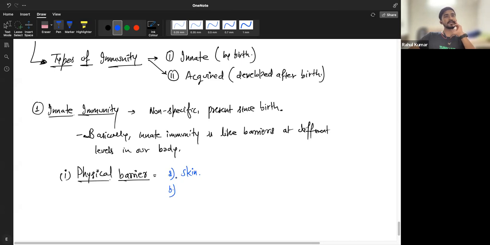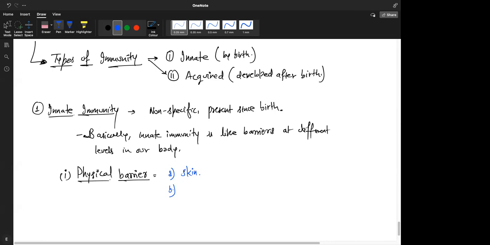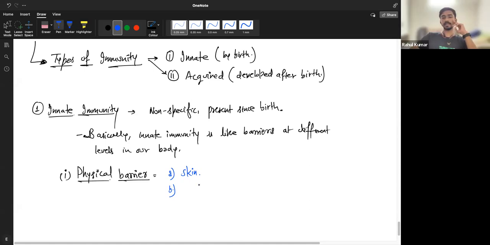Anything else that can act as a physical barrier, according to you, apart from skin? The places where skin is absent, what is present? Mucus, yes, like the nose, mouth, inner lining.